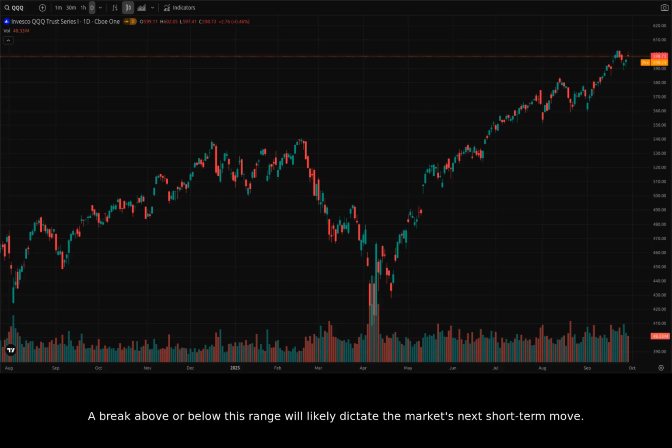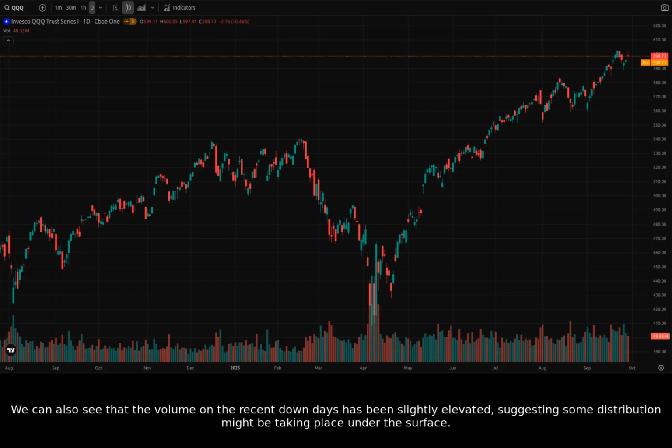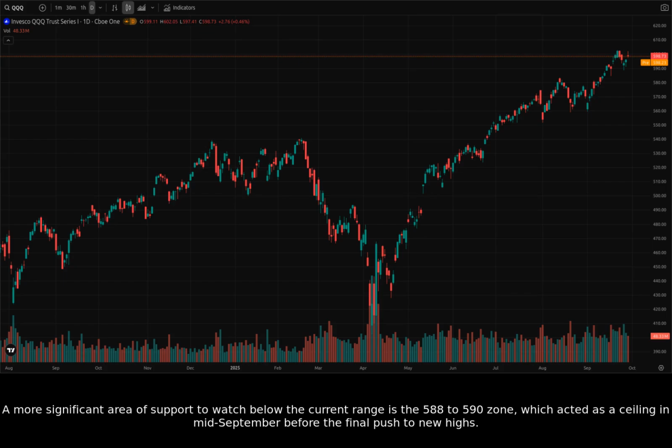A break above or below this range will likely dictate the market's next short-term move. We can also see that the volume on the recent down days has been slightly elevated, suggesting some distribution might be taking place under the surface. A more significant area of support to watch below the current range is the 588 to 590 zone, which acted as a ceiling in mid-September before the final push to new highs.